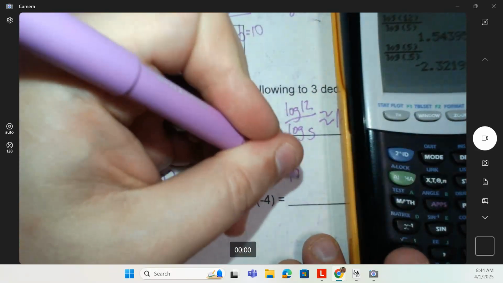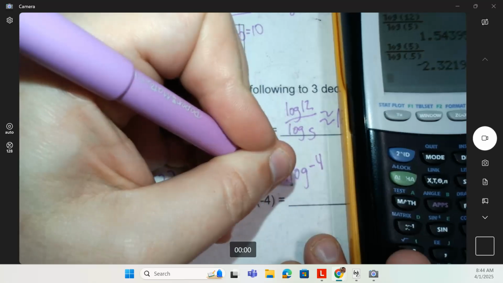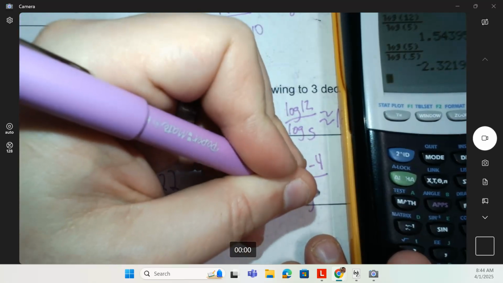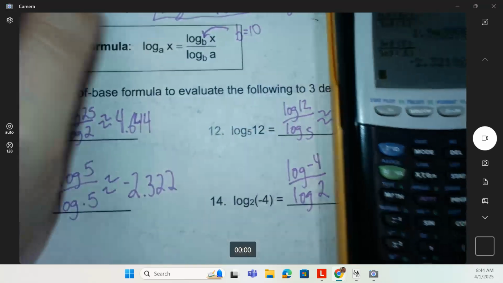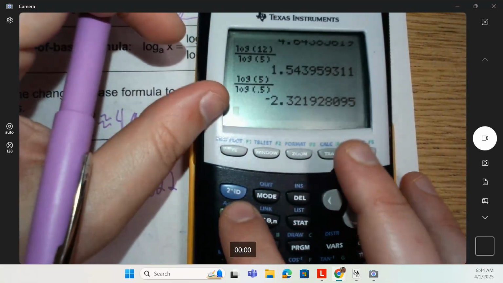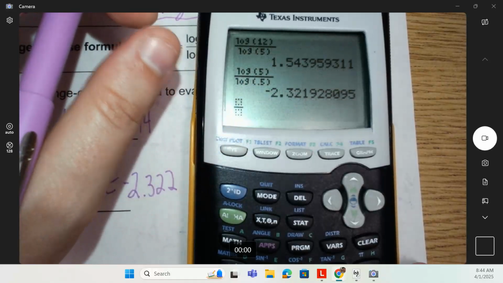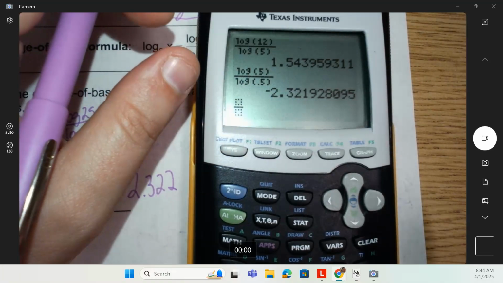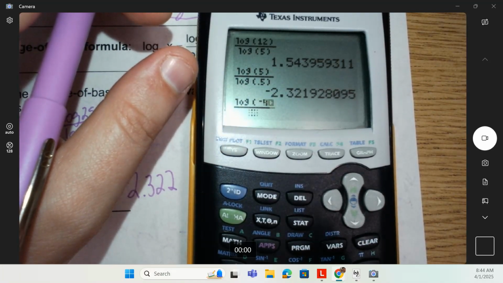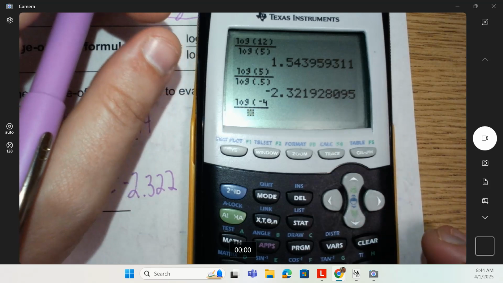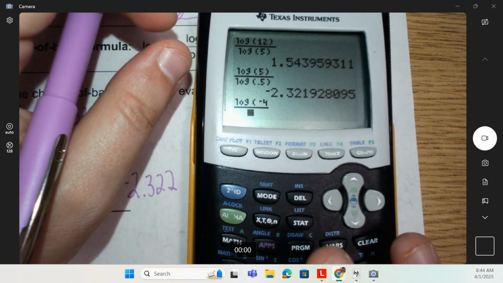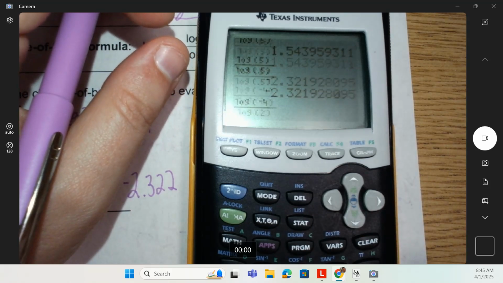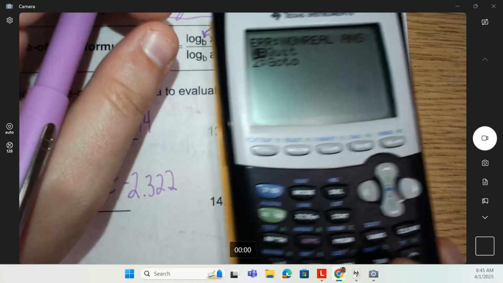And one more. If I do log of negative 4 over log of 2, the log negative 4 over log of 2, I get non-real answers.